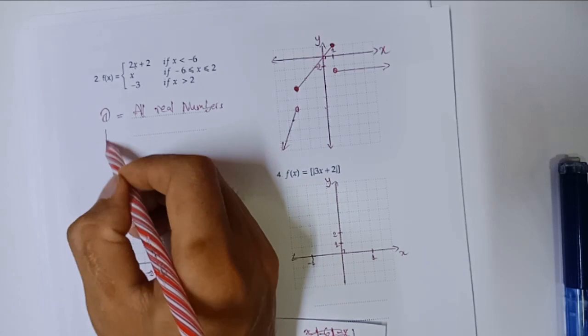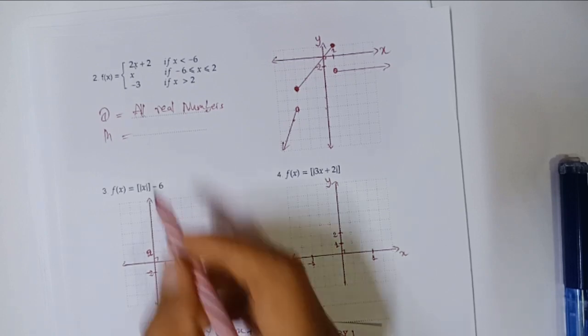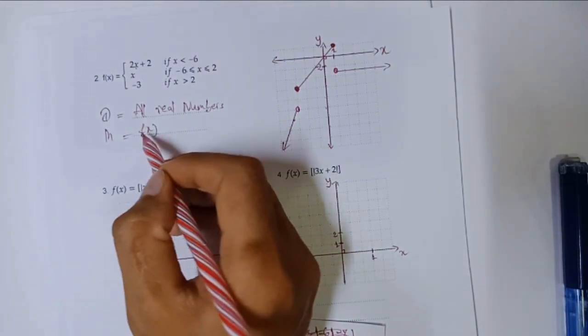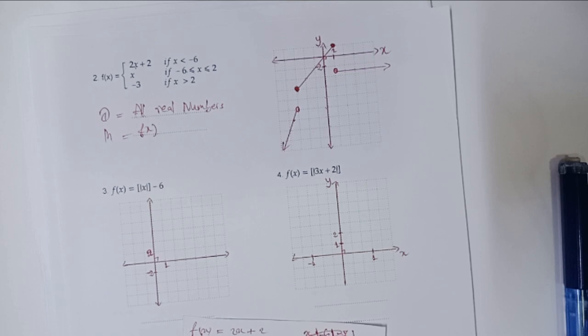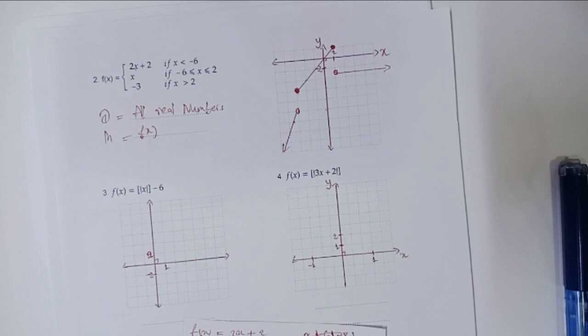For the range, let's see first. It seems like it, which is the f of x, is going to be smaller than or equal to this. Let me check first.